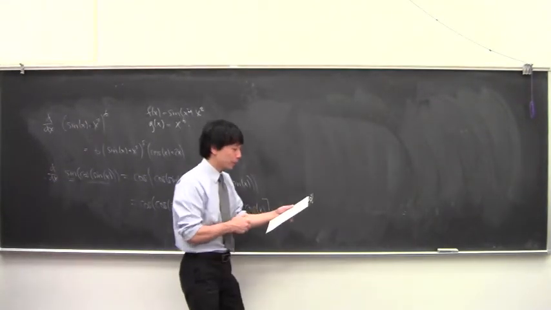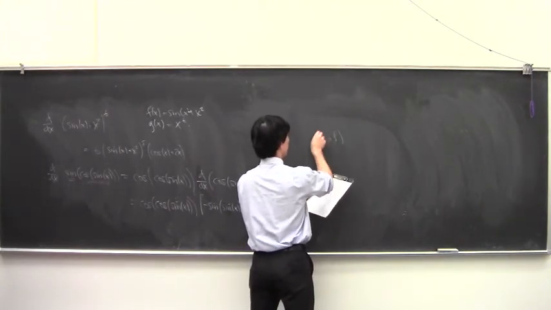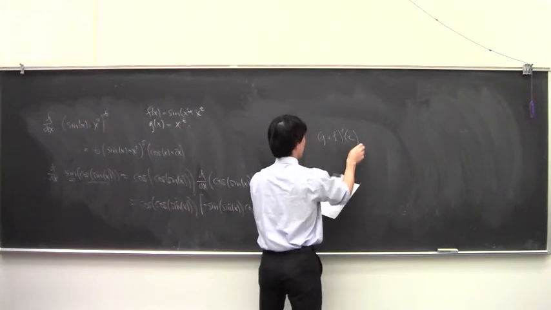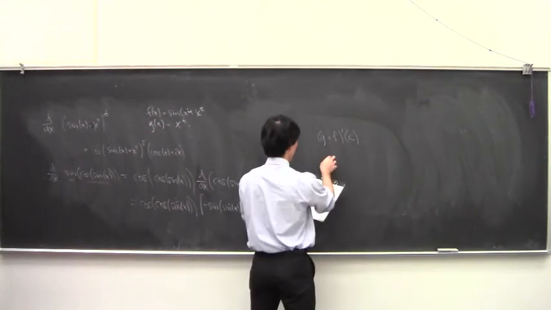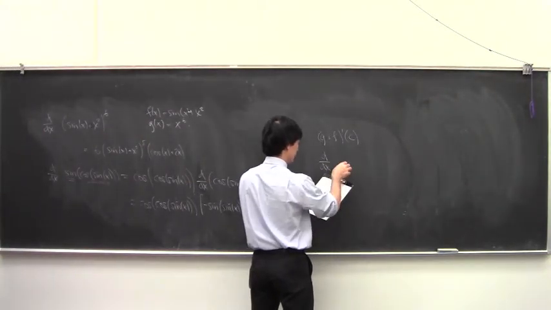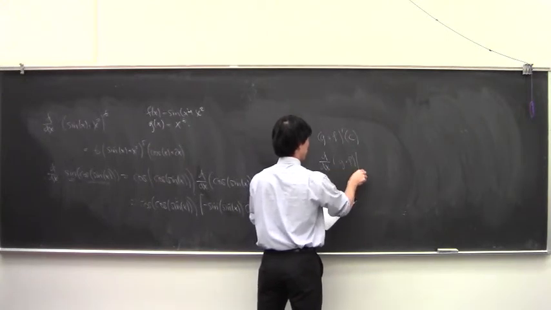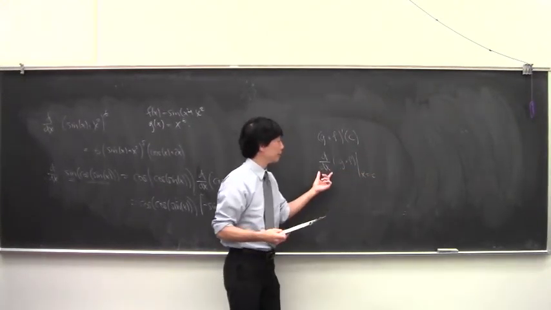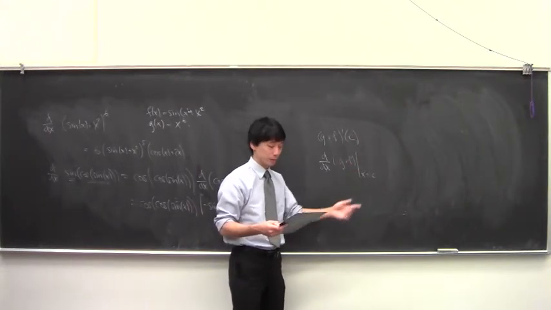Okay. Let me quickly make one comment about notation. This is the Newtonian notation. There are multiple ways of writing it. You could write it like this: the derivative of the composition evaluated at x equals c.